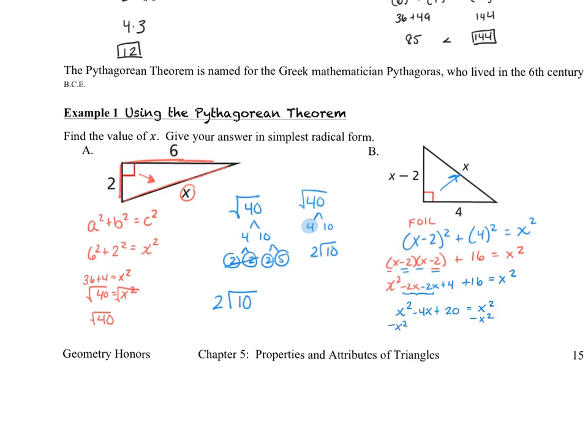Subtract x squared from both sides, and those cancel, so now I have negative 4x plus 20 equals 0. Subtract 20 from both sides. I get negative 4x equals negative 20. Divide both sides by negative 4. X equals 5.